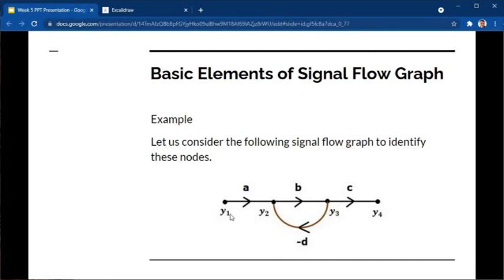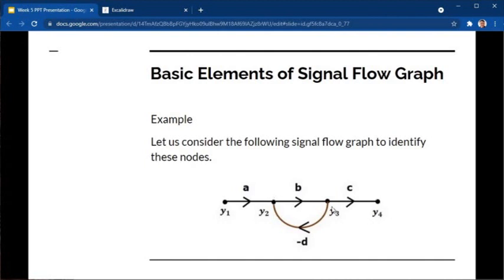The signal will have to pass through these different nodes. By the definition of our nodes, for the input node, the branches are only outgoing. For the output node, the branches can only be incoming.